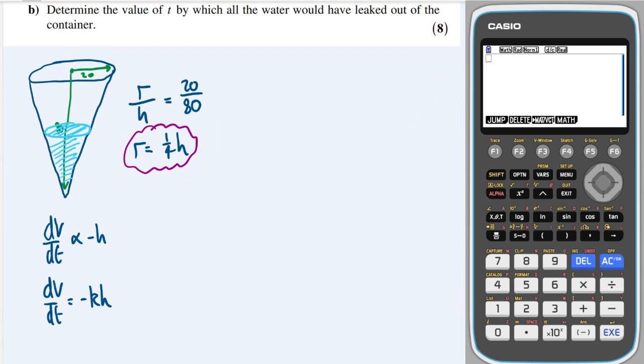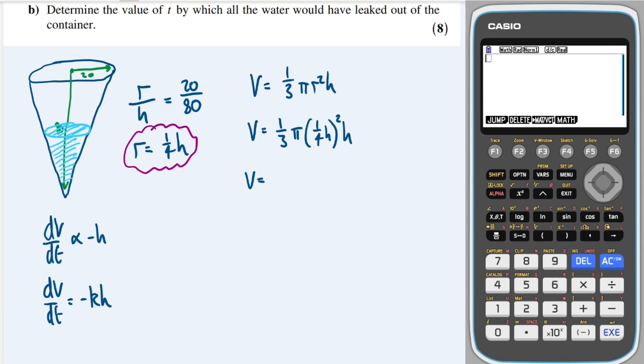So what else do we know about this cone? Well, we know the volume of the water inside is going to be 1/3 pi r squared h, because that's the volume of a cone. So what I can do is I can replace the r with 1/4 h. So I can write V is equal to 1/3 pi, and then that's 1/4 h squared h.